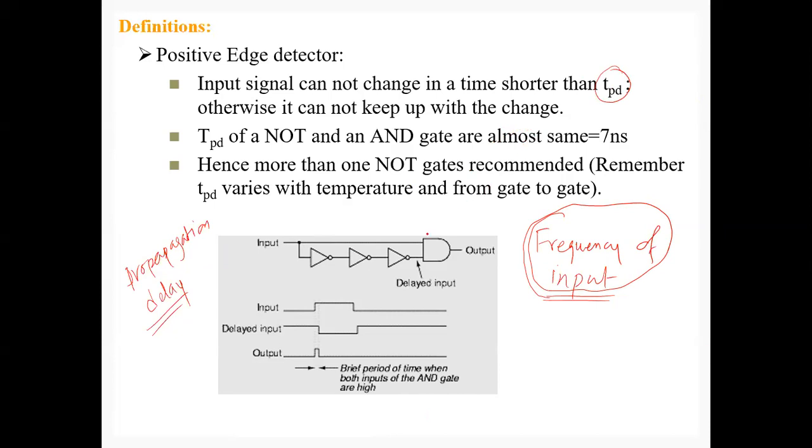Why? Suppose the Tpd here is 7 nanoseconds. What is the frequency related to 7 nanoseconds? How do you relate the frequency with the time? 1 over T. If you calculate this, what do we get? 1 over 7, 10 to the negative 19.